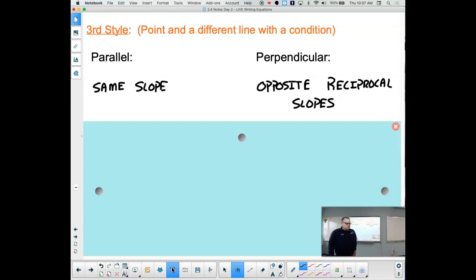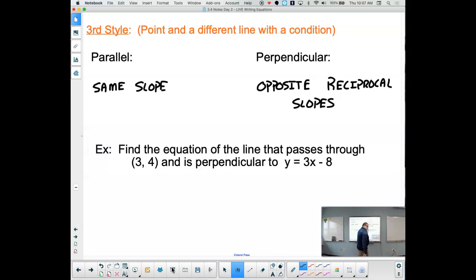So those are the 2 different conditions that you have to be wary of as we go through this. All right, let's try one here.